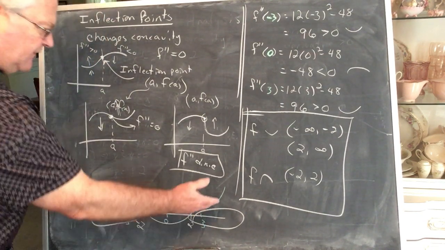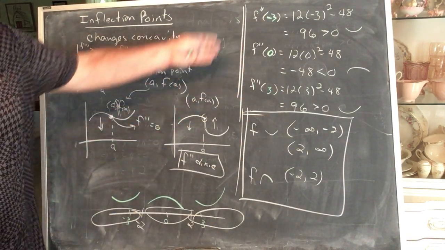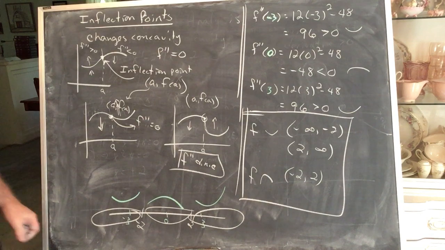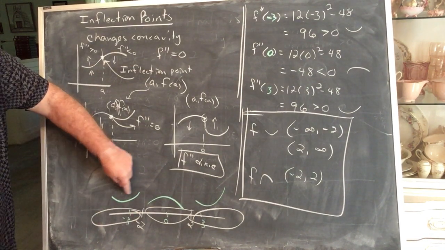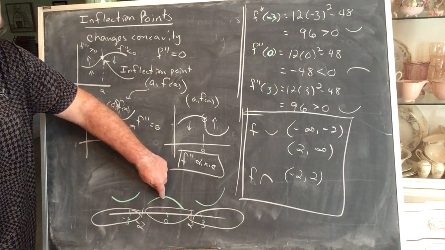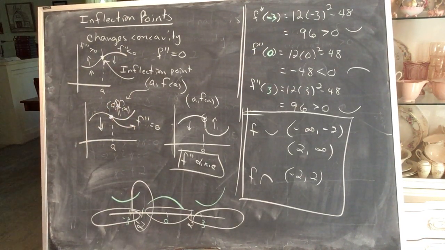Now, if we know the curve has changed, then we know that we have potential inflection points. So I've left up here the last piece of the problem we did in the previous video. Notice that in this interval, from negative infinity to negative 2, the curve is concave up. From negative 2 to 2, the curve is concave down. There is a potential inflection point at x equals negative 2.